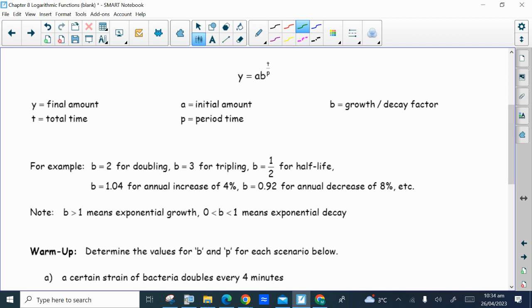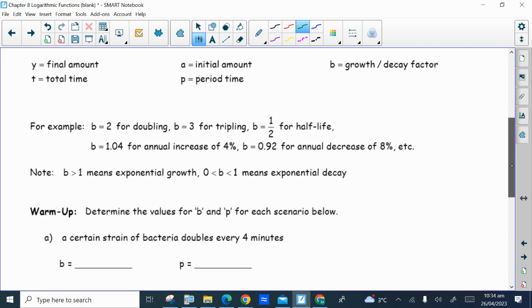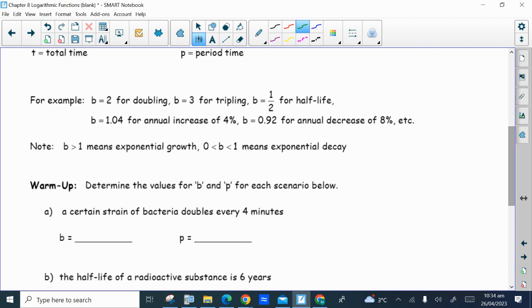So again, those parameters are defined above, where y is the final amount, a is the initial amount, b is our growth rate or decay factor, t is the total time, and p is the growth period or the period time. We saw before that the base is 2 when it's doubling, 3 when it's tripling. The base is a half when it's half-life.